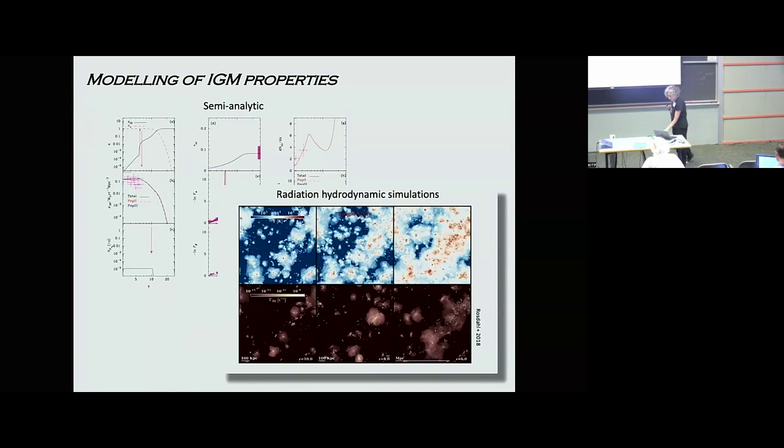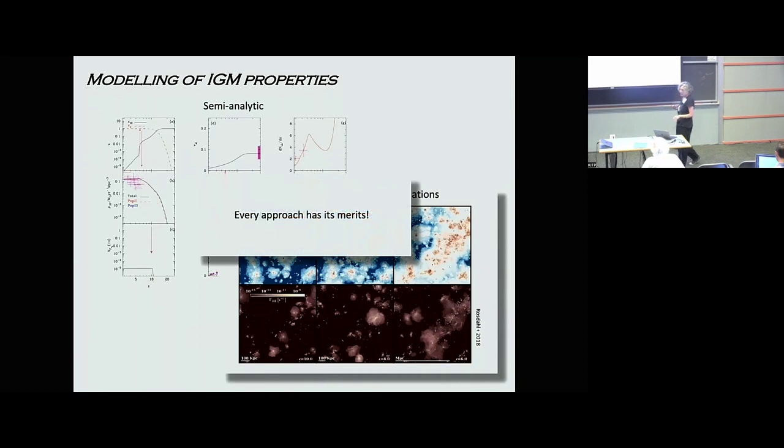And I am personally convinced that each approach has its merits. There is no single approach which is ideal, and they are sort of complementary, and depending on the type of problem that you want to address, you should choose the right approach. So the rest of the talk will concentrate mainly on the simulation part, trying to highlight some of the merits of the various and different approaches.